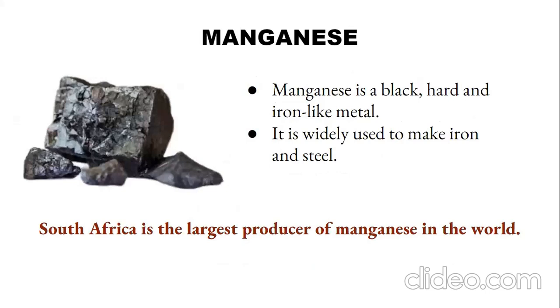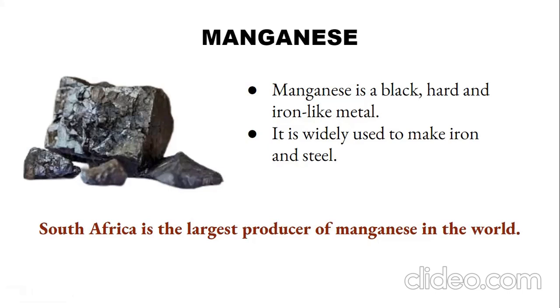Next is manganese. Manganese is a black, hard, iron-like metal. It is widely used to make iron and steel. So this is basically iron manganese ore, from which we can make iron and steel. Students, tell me whether it is ferrous or non-ferrous. Yes, it is a ferrous mineral because it contains iron.